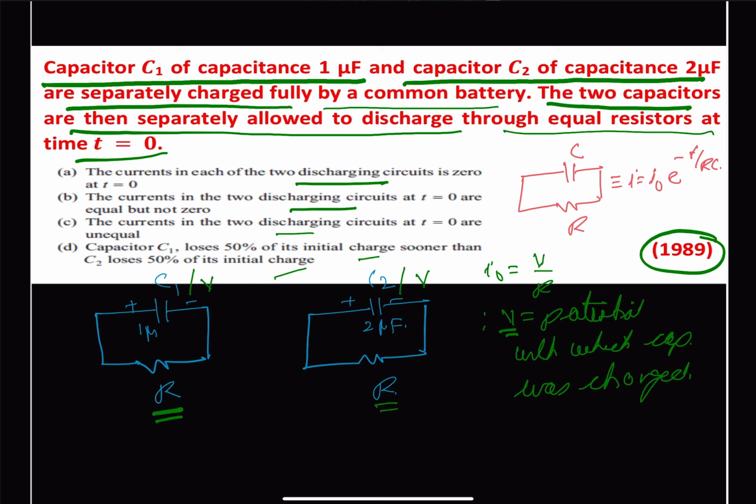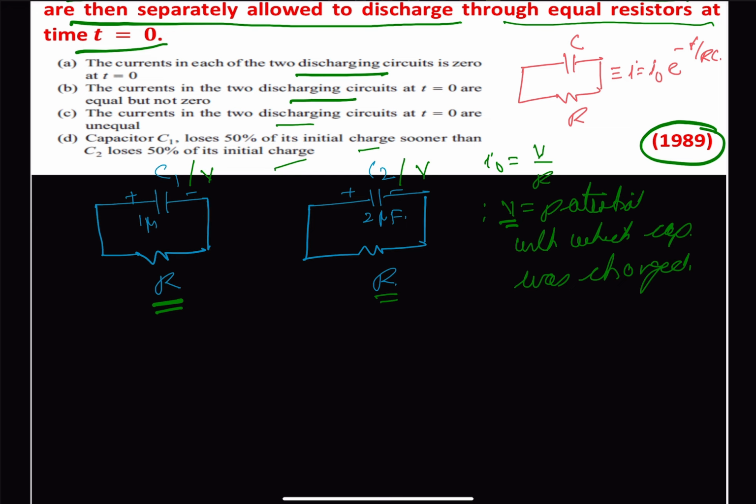Okay. So we can say the initial discharging current, let us suppose in the first case that is our I1, in the second case this is I2. Therefore I1 will be equal to V upon R, and here also I2 will be equal to V upon R, which is non-zero. So we can say that option number B is the correct one.